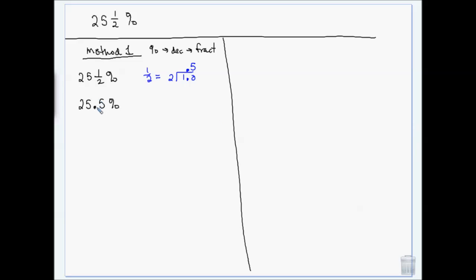To turn that into a decimal, I move 2 places to the left. So this is the same thing as 0.255. I have 3 decimal places, so I'm going to put 255 over 1,000.